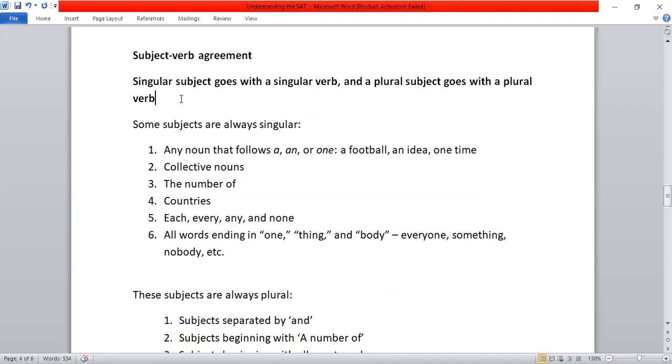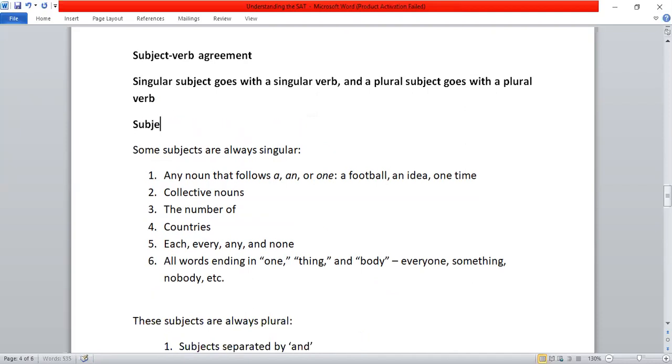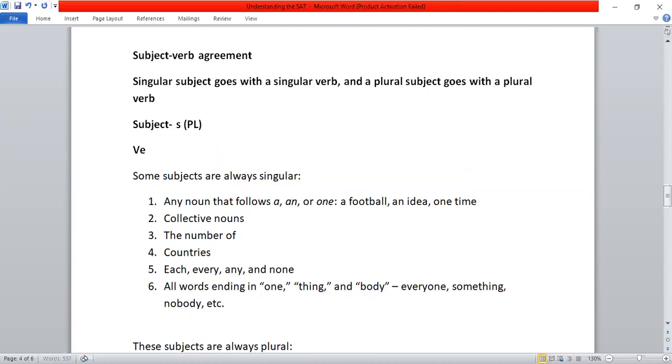With this, you should also know something which is quite important: subjects that carry S are usually plural, whereas verbs that carry S are usually singular. Like I said, eats. Eats is singular. I'm pretty sure most of you would be thinking, I already know this, but you know what?